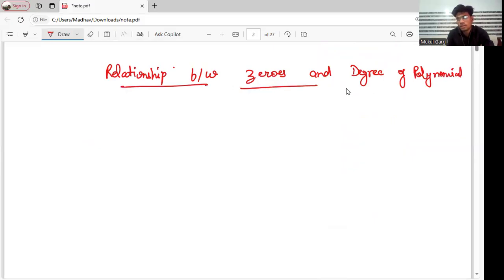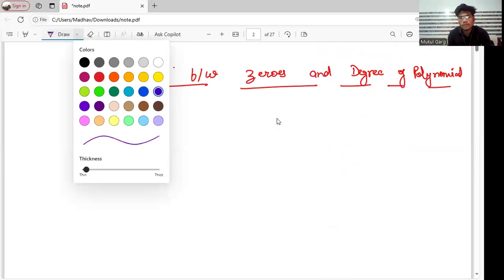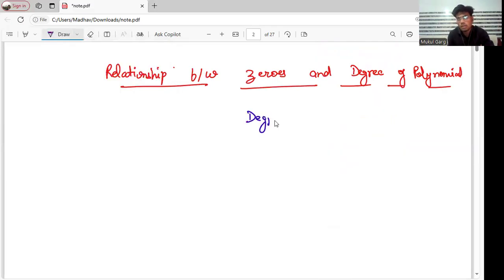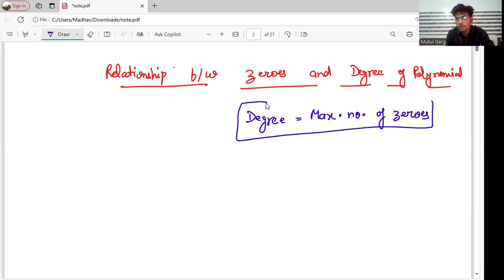Simple relation है, मैं आपको बता देता हूँ. The relation is degree of any polynomial equals to its maximum number of zeros. किसी भी पॉलिनोमियल की जो मैक्सिमम नंबर ऑफ जीरोस हो सकती हैं वो उसकी डिग्री के इक्वल. What does it mean? कि मैक्सिमम ऐसी कितनी वैल्यू है हमारे वेरिएबल की जो पॉलिनोमियल की वैल्यू को जीरो बना दें, वो कितनी हो सकती है? जितनी इस पॉलिनोमियल की डिग्री है.